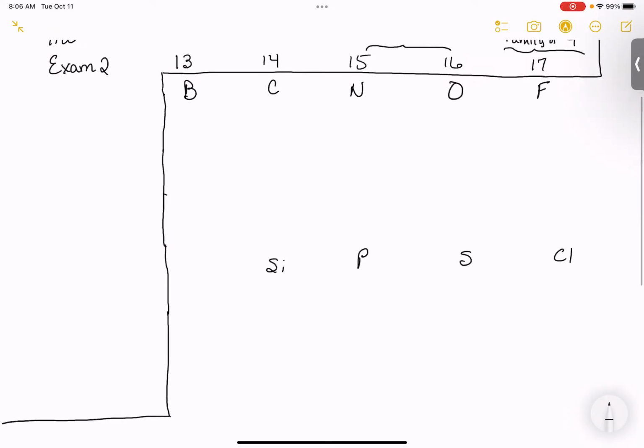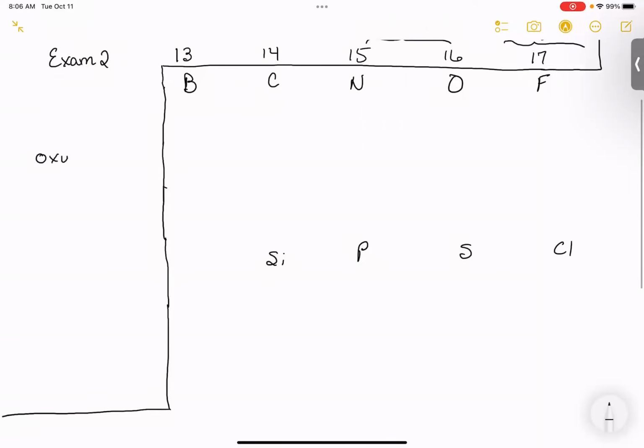So we're going to begin. First of all, what I'm going to be describing specifically are called oxyanions, or oxyanions, however you want to say it.